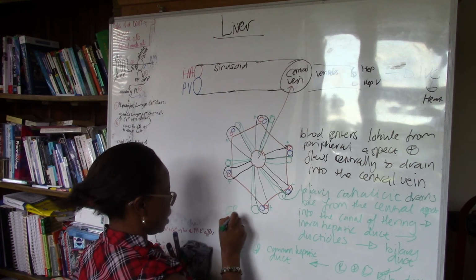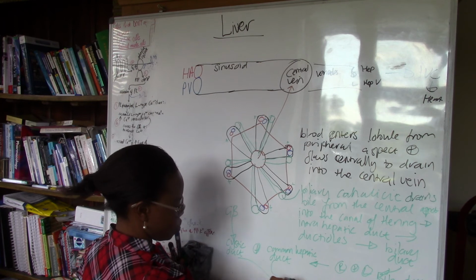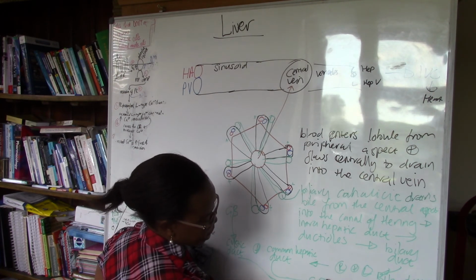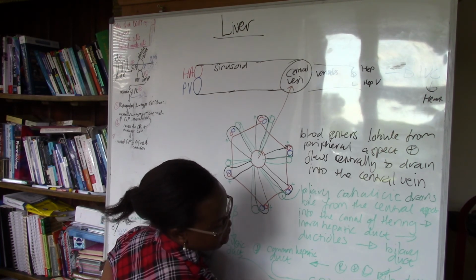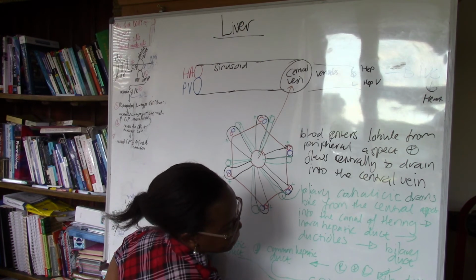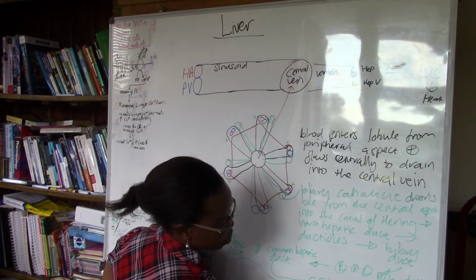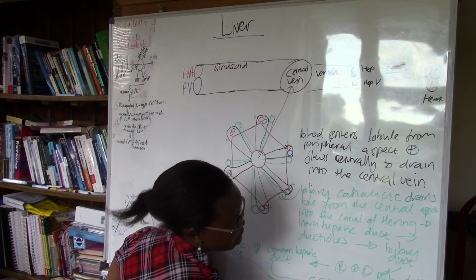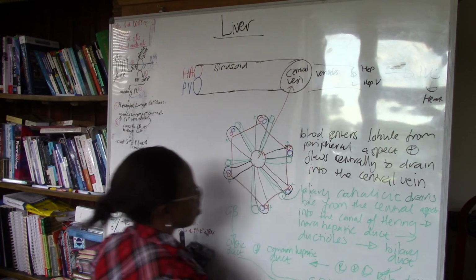So the gallbladder will give off the cystic duct, and these two will then form the common bile duct, which then joins the pancreatic duct. And then the two will open into the second part of the duodenum, at the ampulla of Vater.